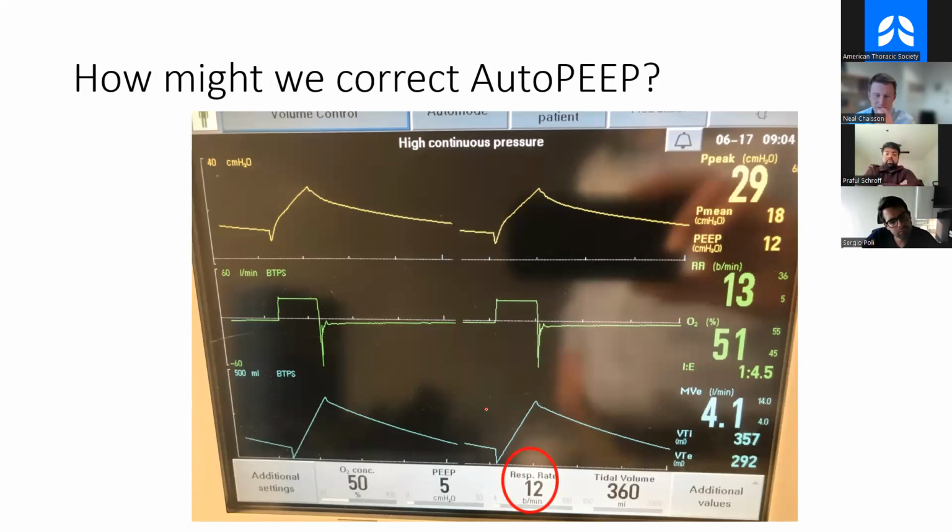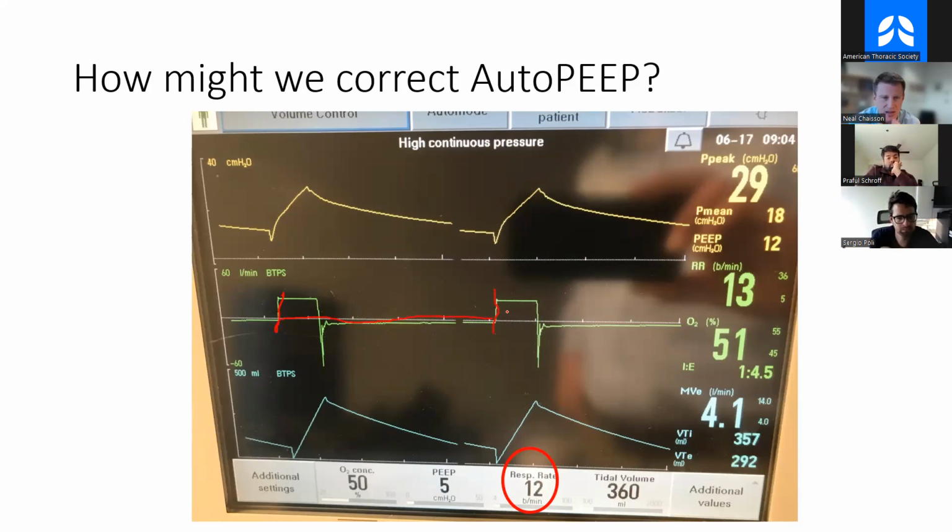So what you can see here is that if you have a patient who's on the control variable, the rate is the control. So a rate of 12 means that from the beginning of one breath to the beginning of the next breath, we're going to have approximately 5 seconds, because it will not allow you to take less than 12 breaths.